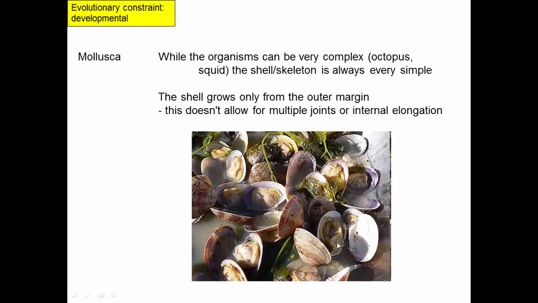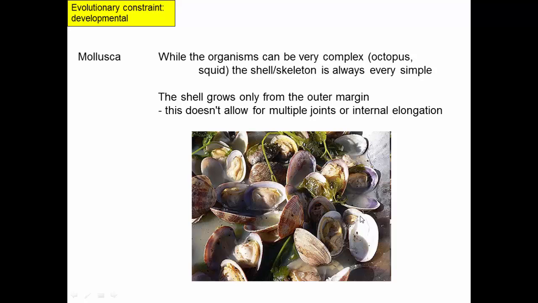Because of the way the development of mollusks works, you end up with a very limited repertoire of shells, where at most you have a single hinge and 2 sides. You can't get organisms that have multiple shell parts in their body because of the way the development works, because it always starts from one place and develops from the edge of the shell.